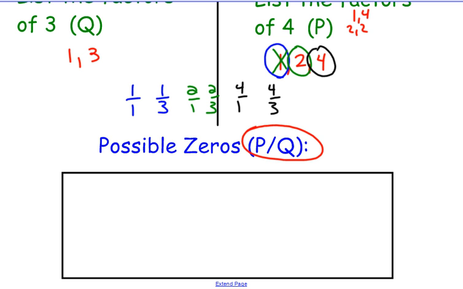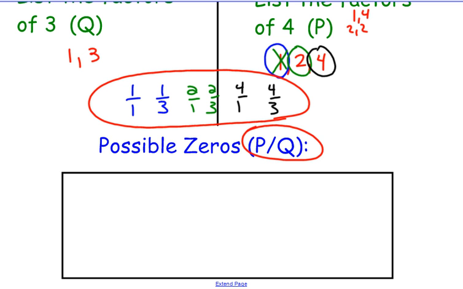So when I look at these, these are all my options here. I want to reduce them as far as I can, so instead of 1 over 1, I'm actually going to write 1. 1/3 reduced, 2 over 1 is 2, 2/3 reduced, 4 over 1 is 4, and 4/3 is reduced. If there were any that repeated, I would only use them once. This problem doesn't have that. The other part of it is, though, I use the positive and negative value for all of these. So it's going to be plus or minus for each of them. I would like you to list your answers least to greatest.